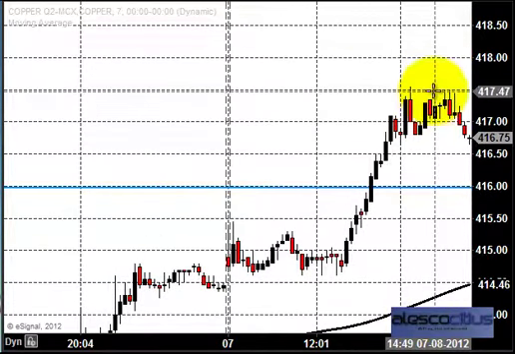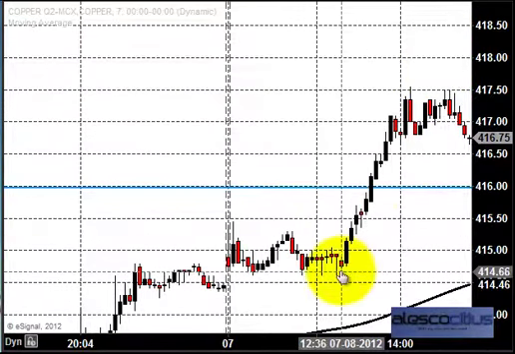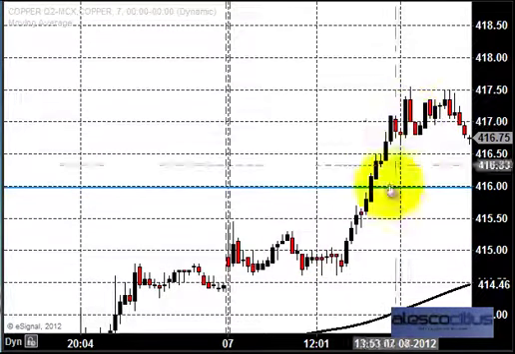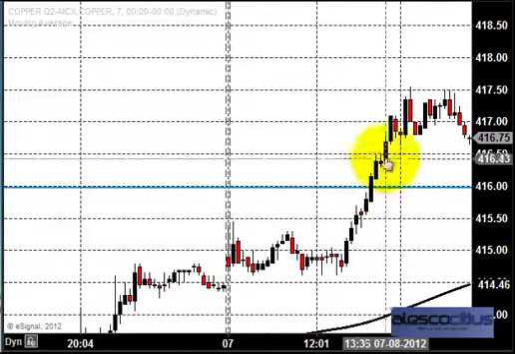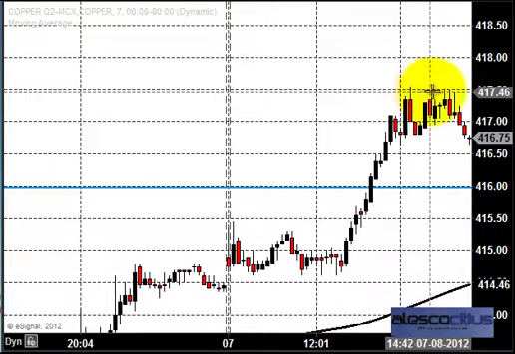We expected selling to continue till 418, but if you see the price direction and the price action, it is clearly bouncing back, it is clearly climbing. There is no sign for a drop.